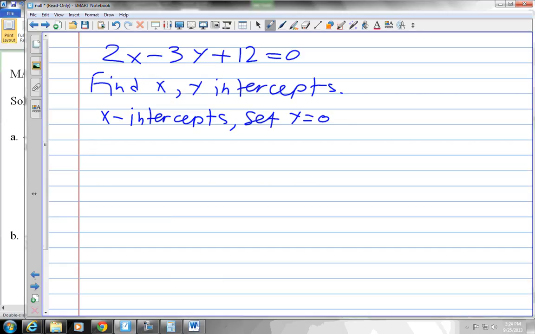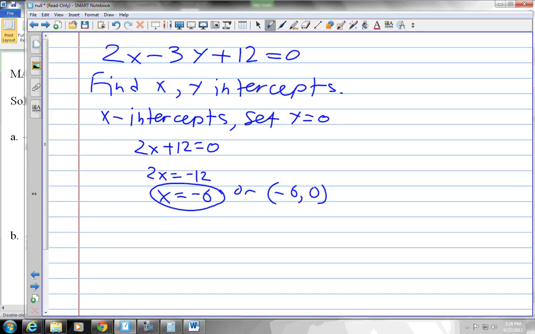This is just 2x plus 12 equals 0. So 2x, what? So what is x? Negative 6. So that's the x-intercept. X equals negative 6, or the coordinates are negative 6, comma 0. That's that point on the plane, negative 6, comma 0.